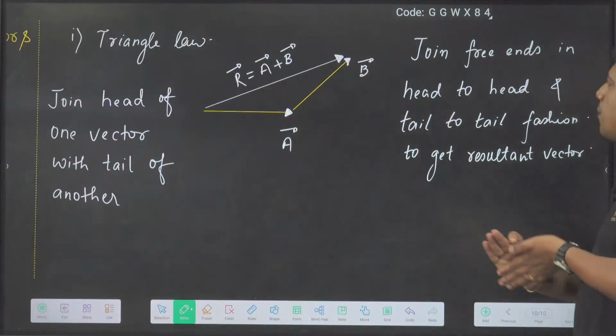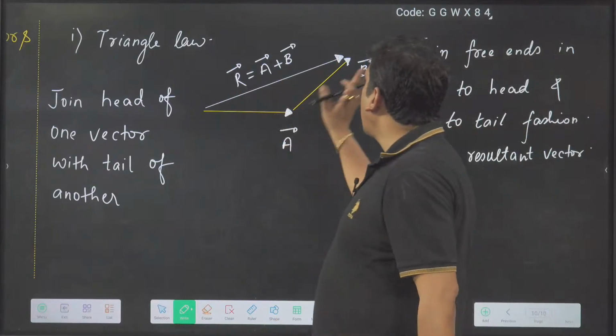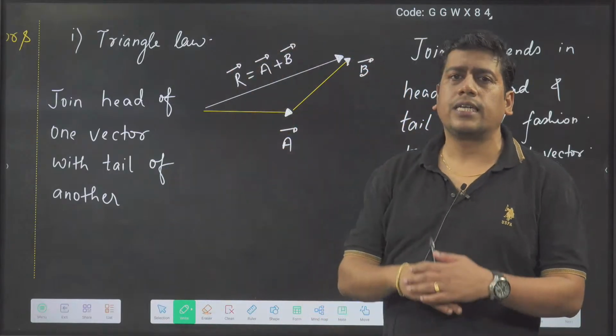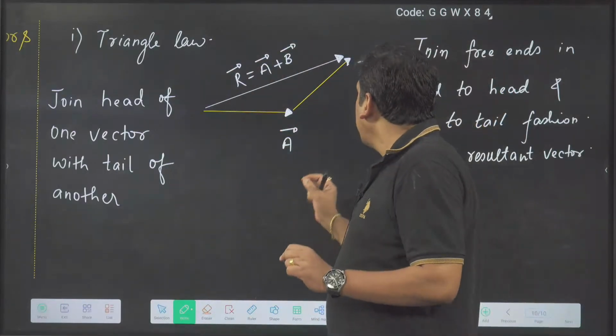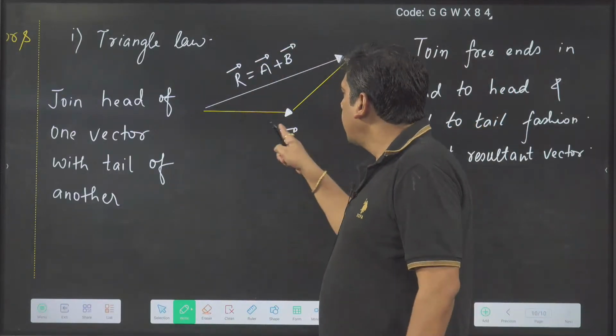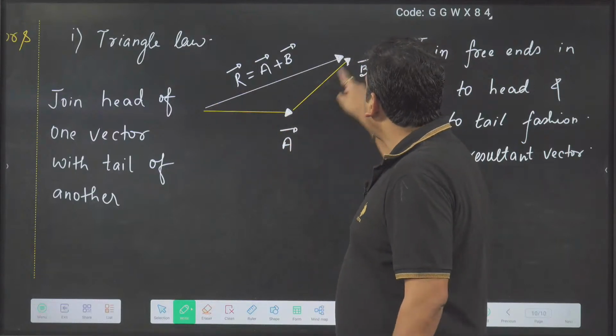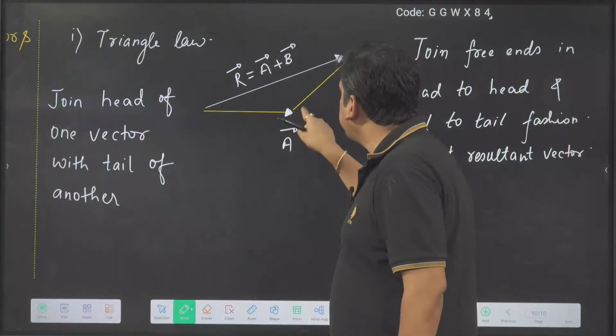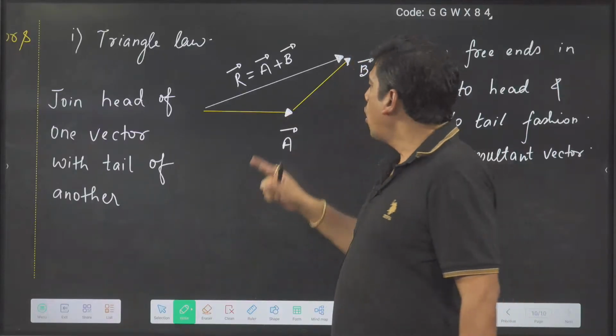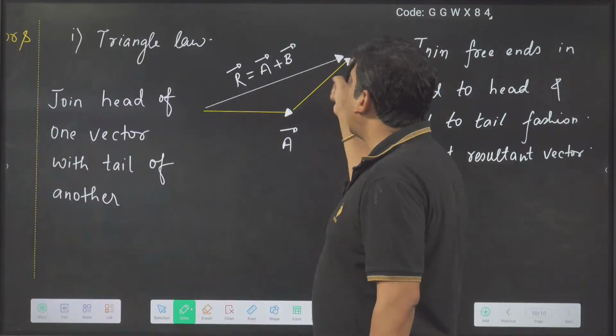Okay? That means in a vector triangle, how do you identify that this one is the resultant vector? Understand, A vector is tail to tail here, but here it is head to tail. B vector is head to head here, but here it is head to tail. Only one vector is joined tail to tail and head to head.